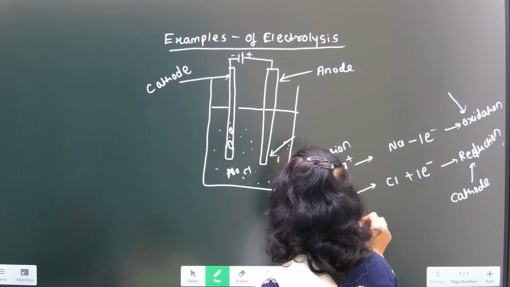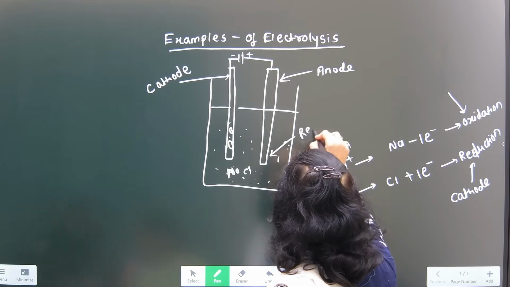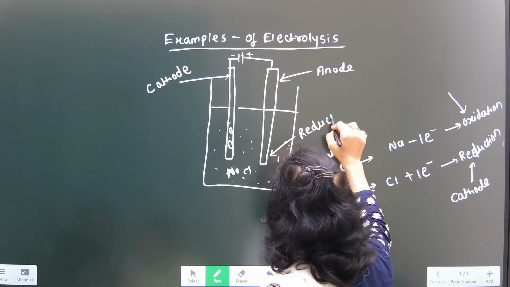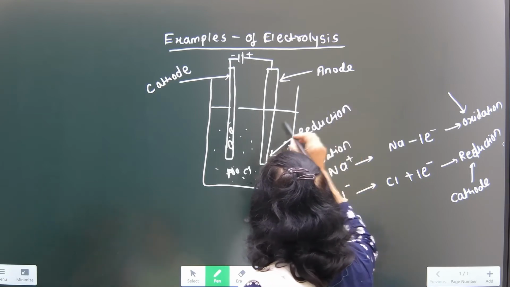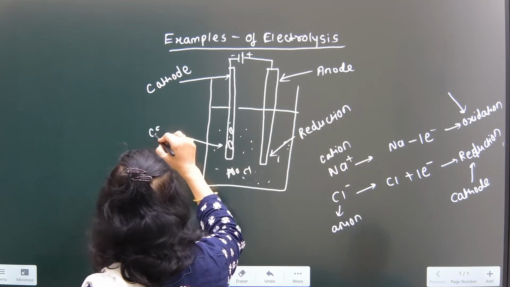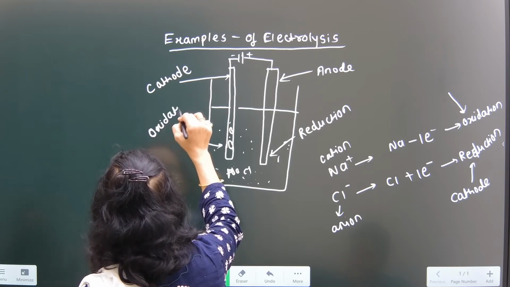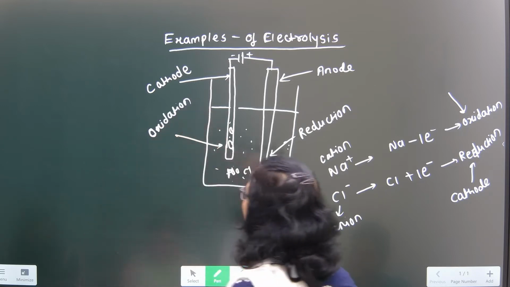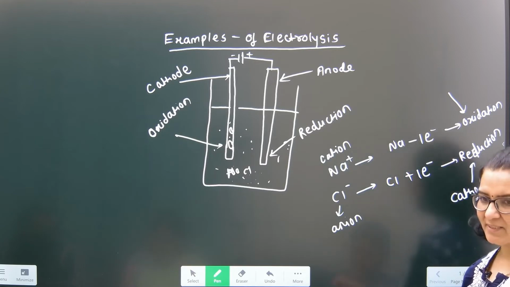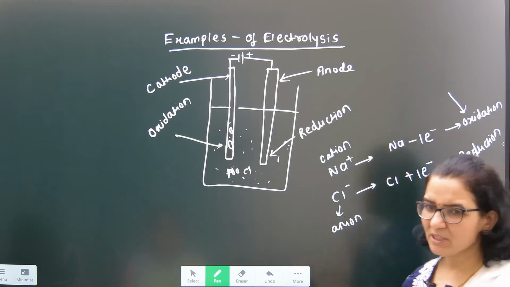So anions will get attracted towards the anode, so oxidation will take place at the anode, and reduction at the cathode. Like charges repel each other, unlike charges attract. तो इतना सोचना ही नहीं है.